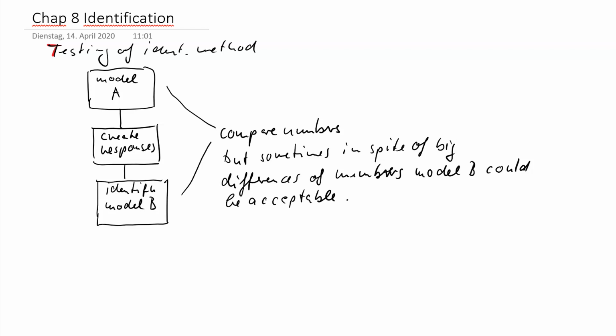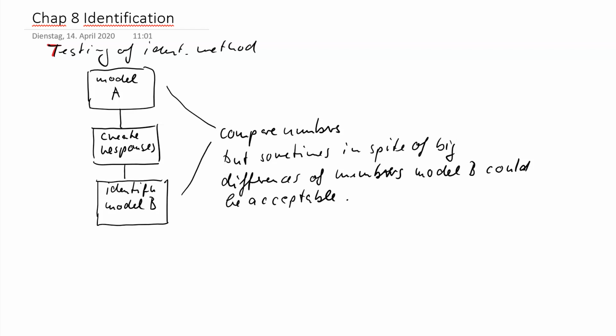So the comparison of numbers also doesn't work if the type of model A and the type of model B are different. We will see a numerical method where we can identify, say, 10 PT1 systems, we create responses and identify a 2 PT1 model B. Then the numbers of A and B belong to different models, and then you can't compare.